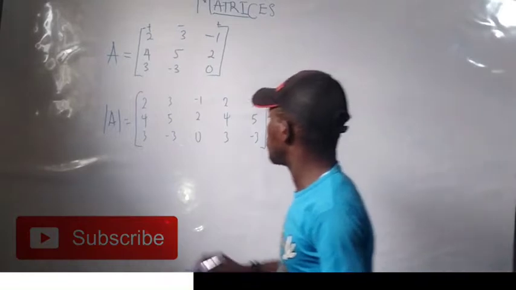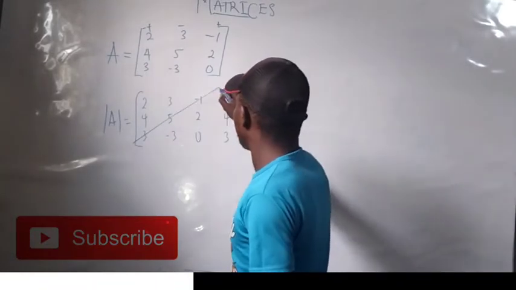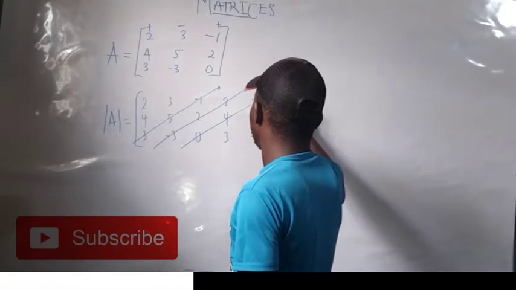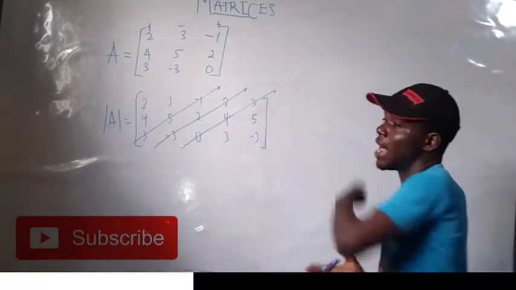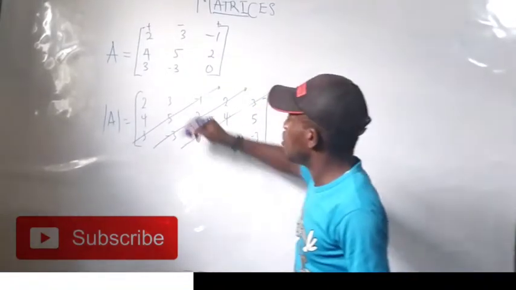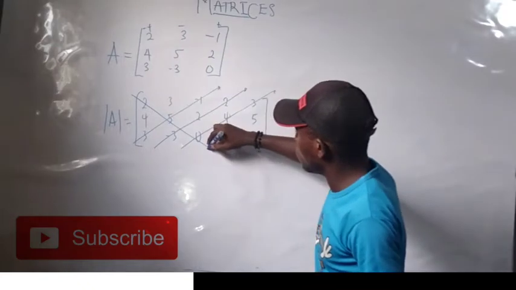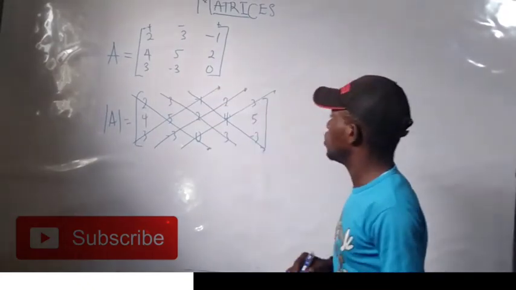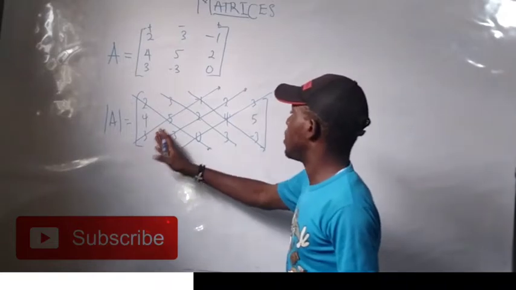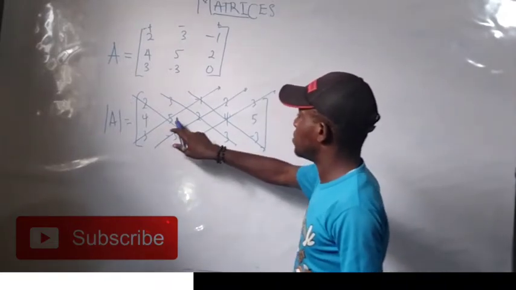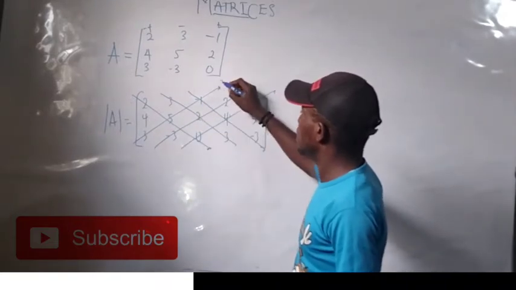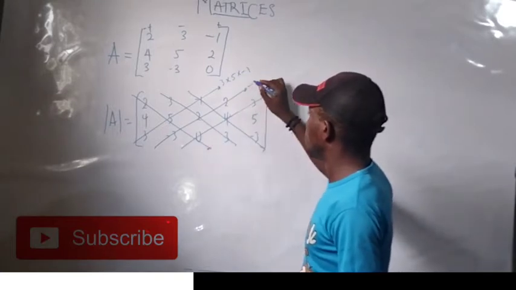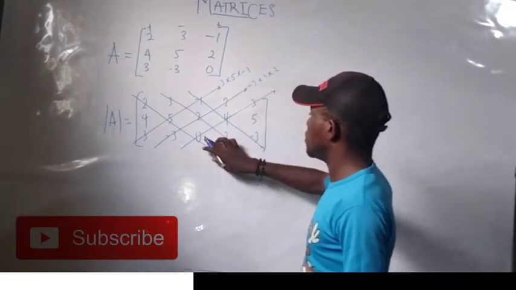So all I need to do is to strike an arrow to pick up 3 numbers in an upward diagonal manner, three times. Then I strike arrows to pick 3 numbers downward, three times. Now I multiply the numbers on the upward diagonals: 3 times 5 times minus 1, minus 3 times 2 times 2, 0 times 4 times 3.